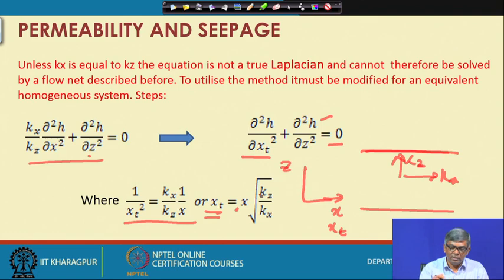How to do that? Using the corresponding values of permeability in the two directions, I can convert. Once I convert, the system becomes homogeneous in terms of x_t and z, and then I can draw that modified or transformed section.